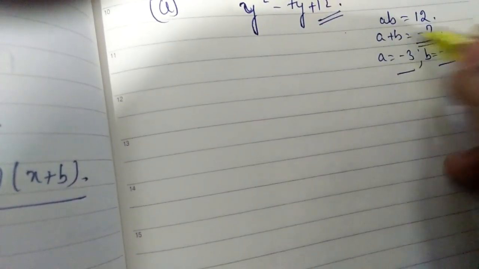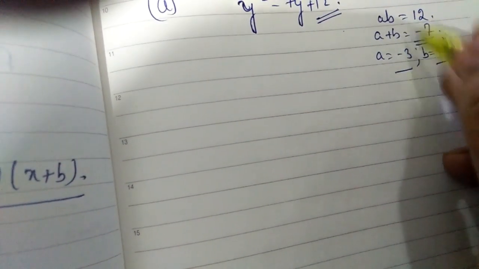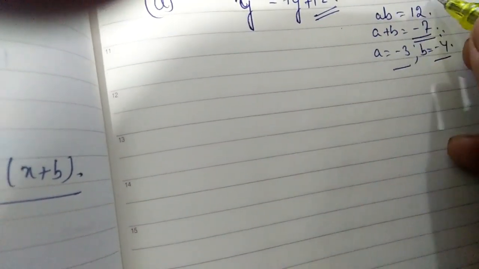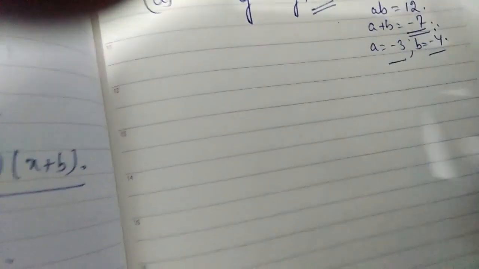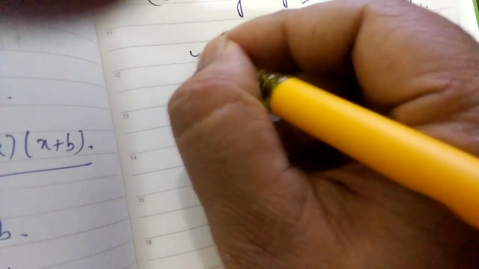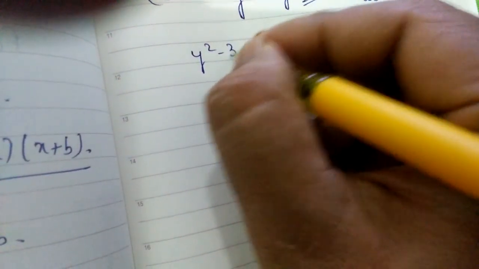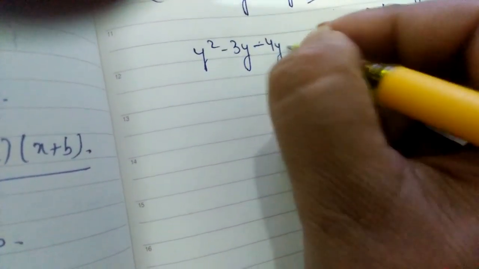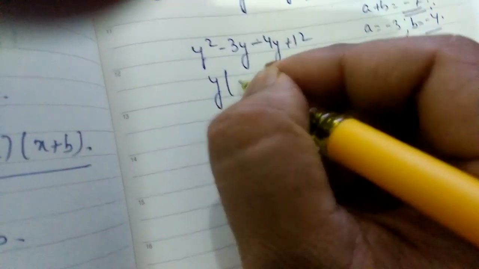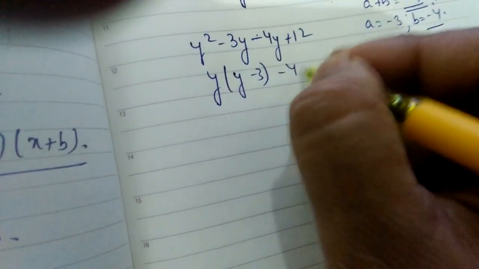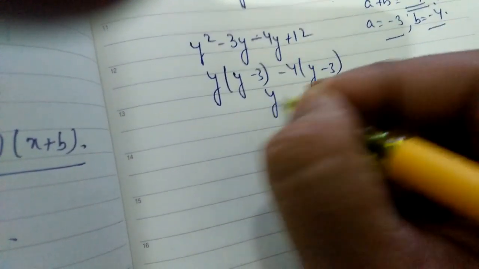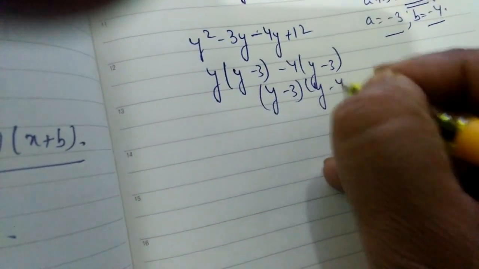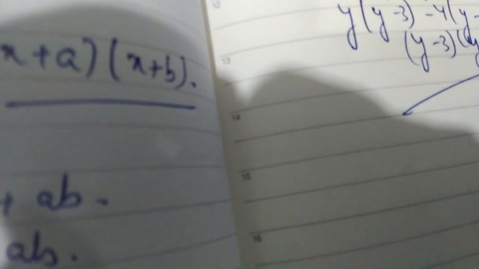That will give us minus 7, and because both numbers are negative, their product will be positive. So a and b can be minus 3 and minus 4. Let's see if we are correct. y square minus 3y minus 4y plus 12. So y(y minus 3) minus 4(y minus 3), (y minus 3)(y minus 4). Okay, so this is how we will find the factors.